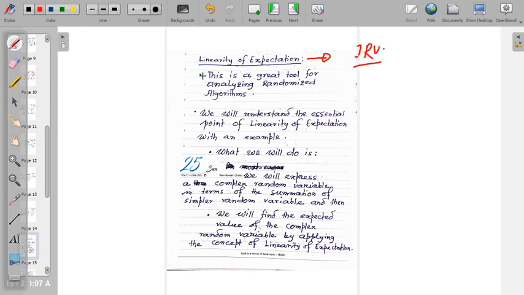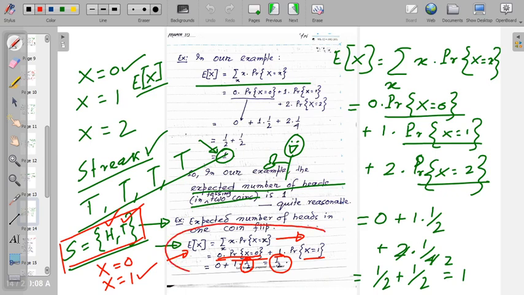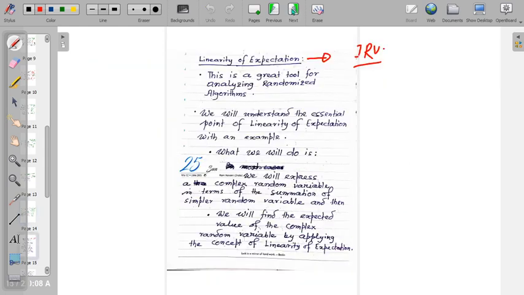These two in combination will take the help of this idea and give very good results with ease. So that is very important. This is a great tool for analyzing randomized algorithms.